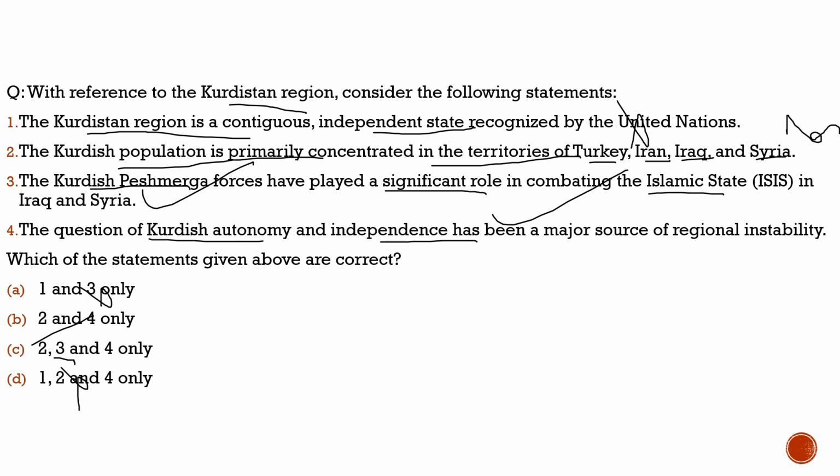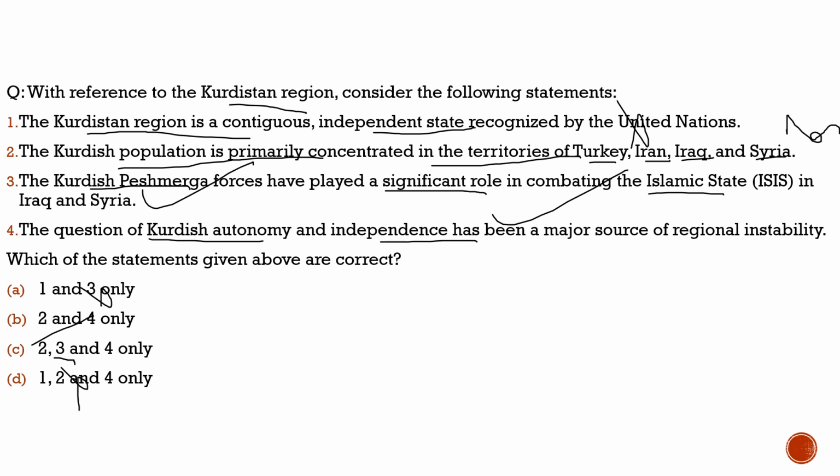So with this, I hope you had understood this question as well, as right now there is discussion over the Kurdistan region after the fall of the Bashar al-Assad regime in Syria. We saw how Kurdish Peshmerga forces helped the USA during their fight against the Islamic State.